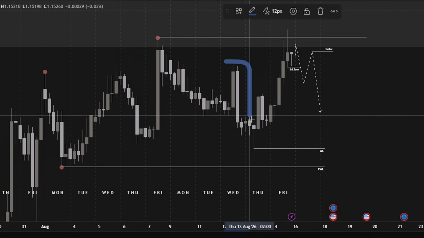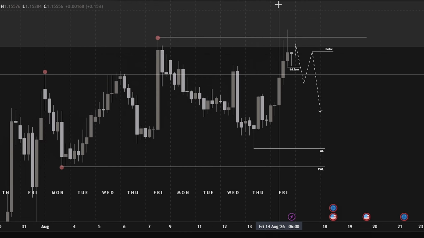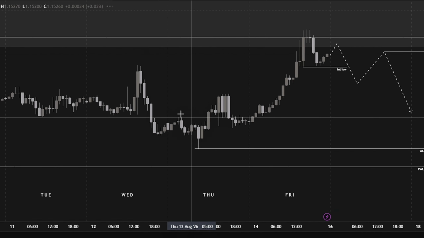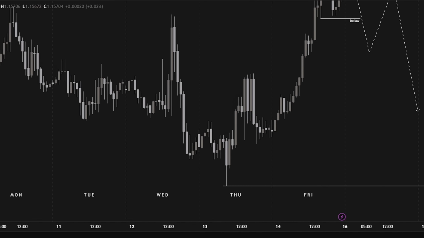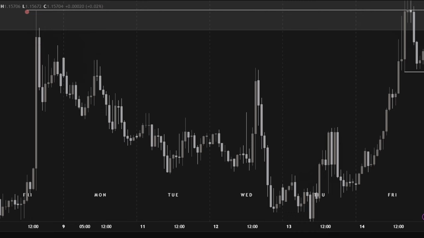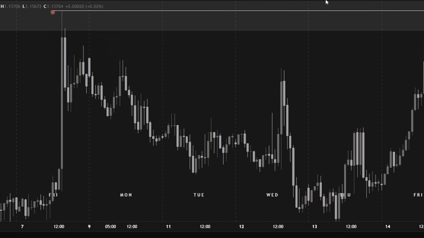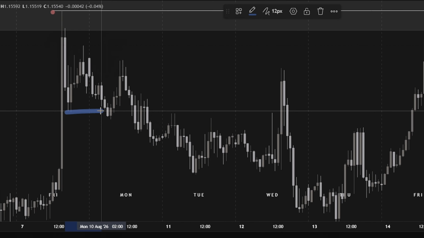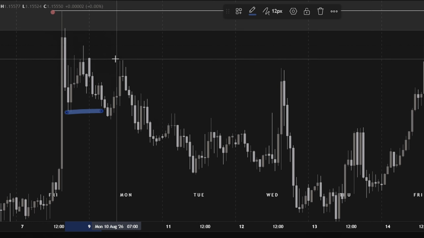This was obviously news, but if you were positioned within this area here, right, because you could have taken it like this, which is what I would have done, and then we had this putting in the high.